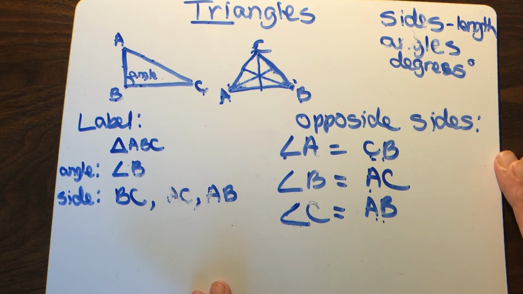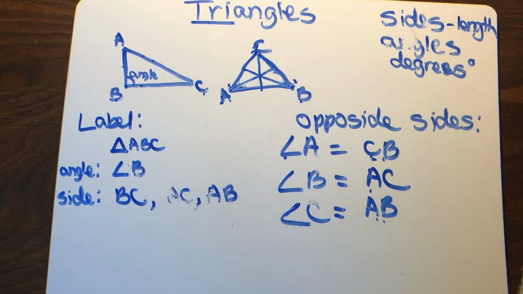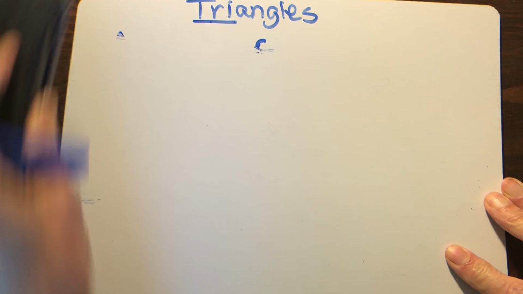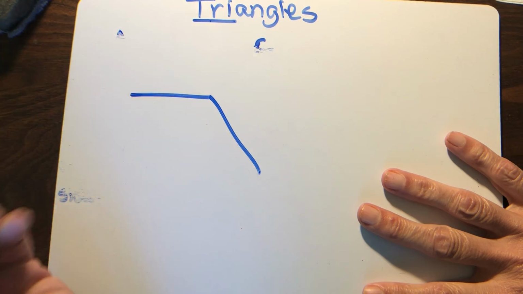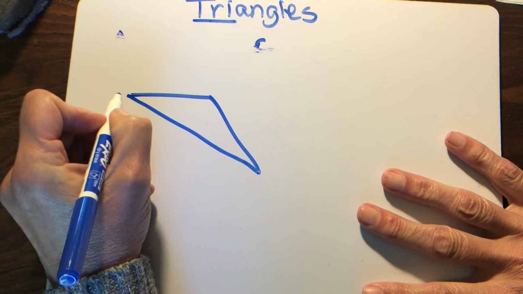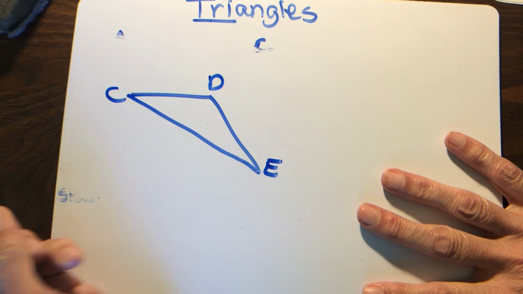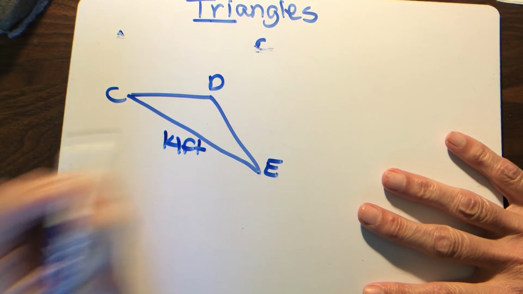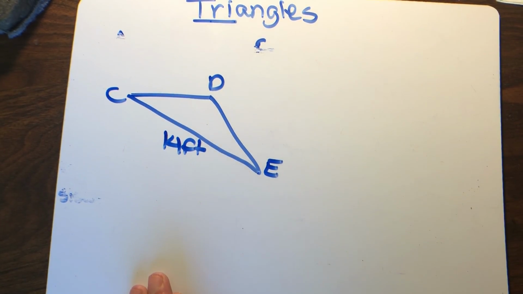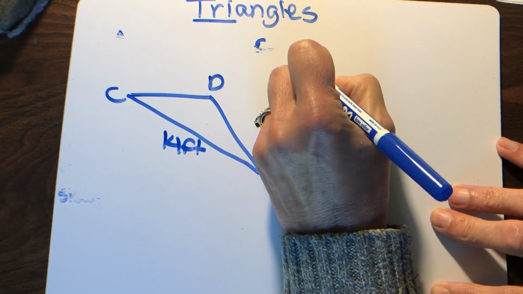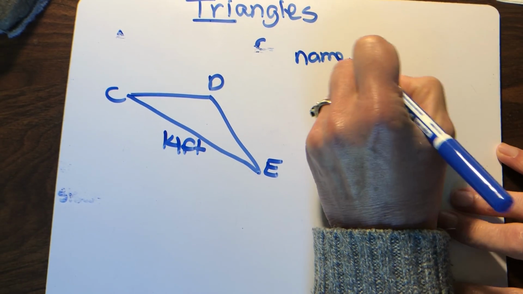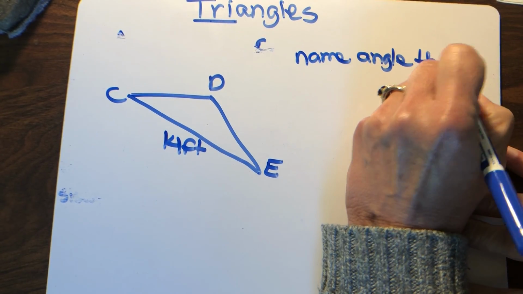Now, let's just do a quick example with applying this concept. So let's just say you've got this triangle. Okay, you got C, D, E. And this is 14 feet. And I want you to name the angle that is opposite to the measured side.